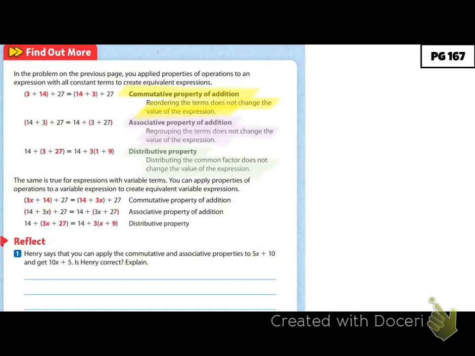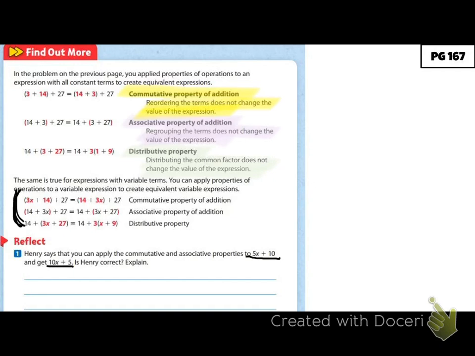So number 1 says, Henry says that you can apply the commutative and associative properties to 5x plus 10 and get 10x plus 5. Is Henry correct? Explain. So let's look back up here for just a quick moment. Down here it says 5x plus 10 is the same as 10x plus 5.